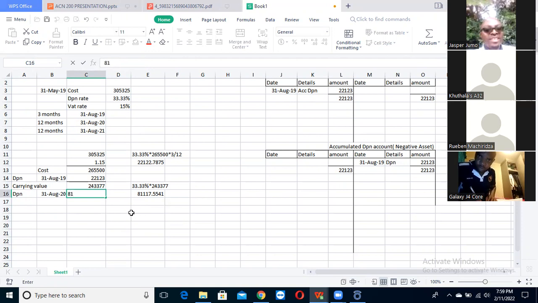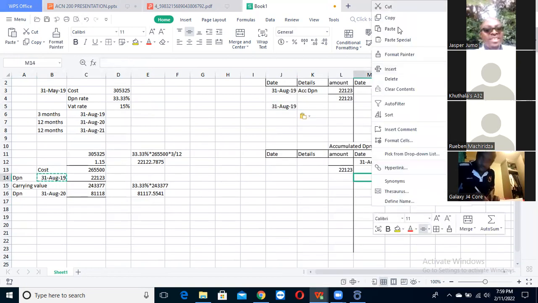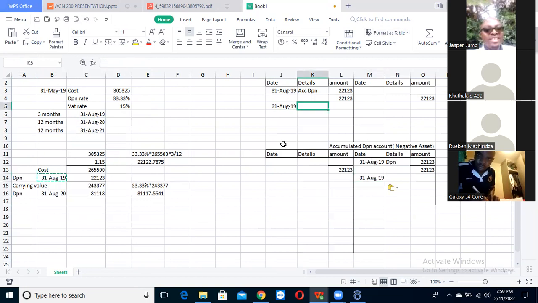Therefore, it becomes 81,118. So for the year ending 31 August 2020, our depreciation charge is 81,118.